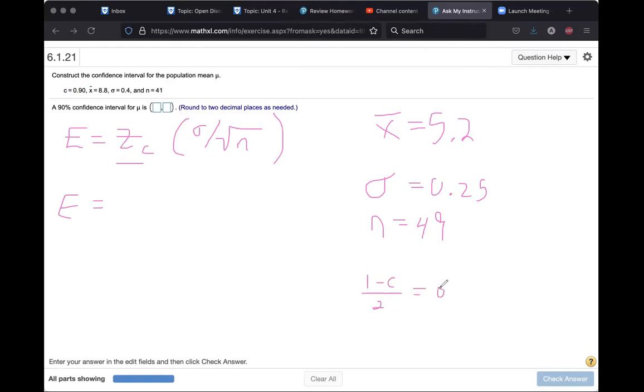That's how we got 0.05. Go to the normal distribution table, the Z table, and find the Z-score value associated with that probability. We found that to be 1.645. Take the positive value. That's what that value is right there, 1.645.